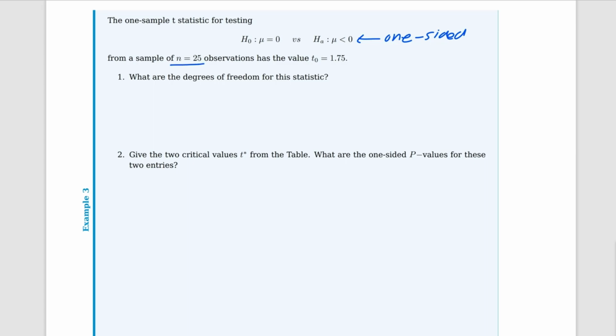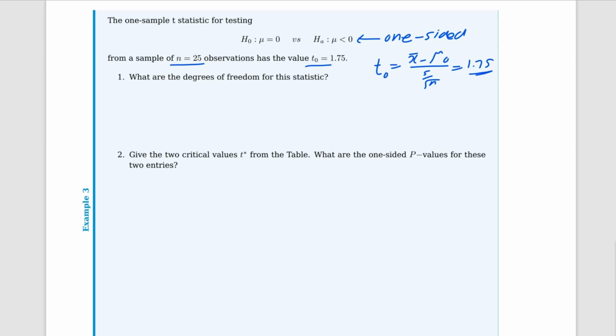Then n equals 25. Then T naught. What is the T naught? It is the test statistic. T naught equals x bar minus mu naught over s over root n. So this is 1.75. That is the T naught. Okay, it is given.